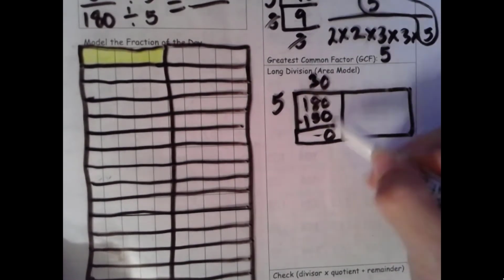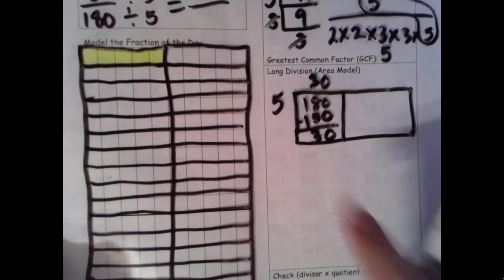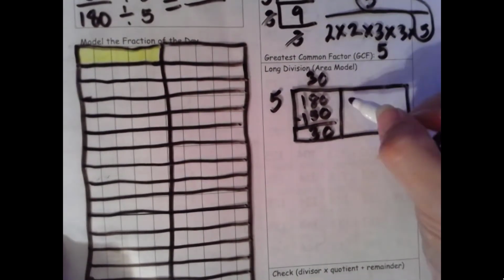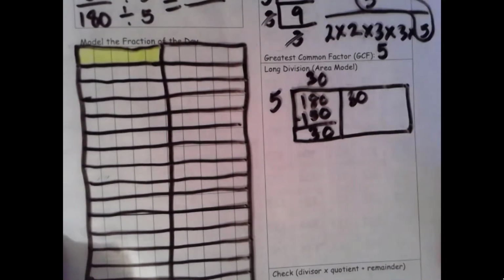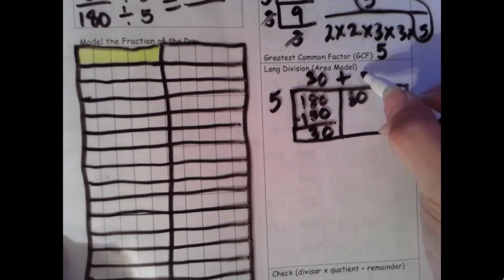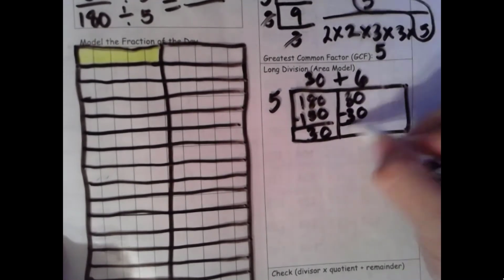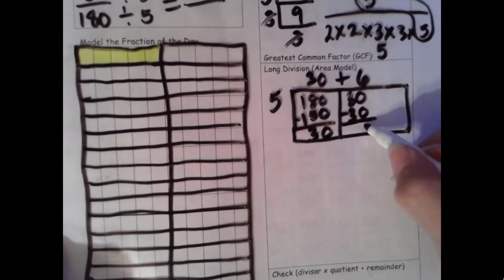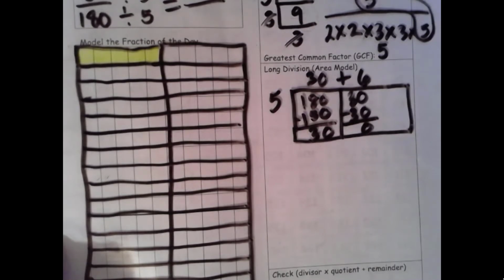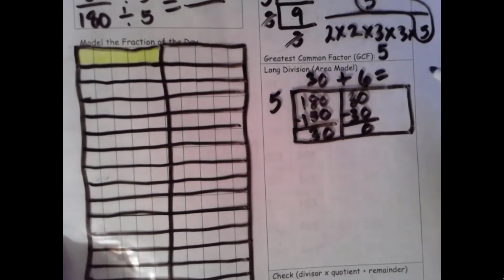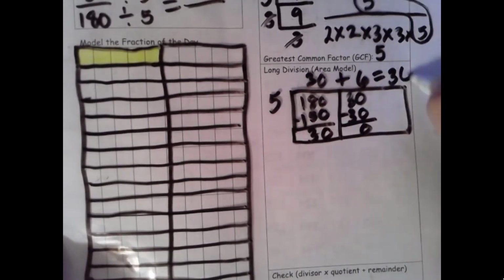Numbers the same, zeros a game, more on top, no need to stop. So I don't have a remainder of 0. I want to keep going. This now goes up here. So 5 times 6 gives me 30. Numbers the same, zeros a game. So we're done. We don't have to do another one. We add our partial quotients here. 30 plus 6 is 36.